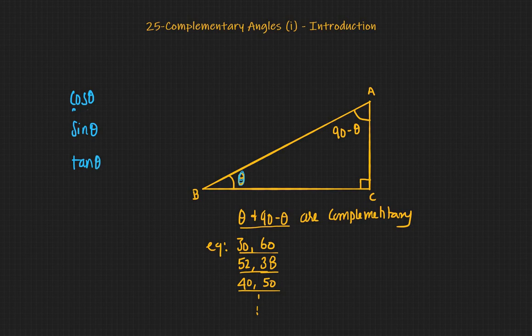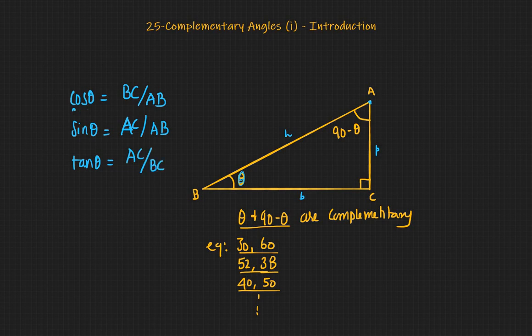From this point of view, this is perpendicular, this is base, and this is hypotenuse. So cos theta is base by hypotenuse, which is BC divided by AB. Sin theta is perpendicular by hypotenuse, which is AC by AB. And tan theta is perpendicular by base, which is AC by BC.